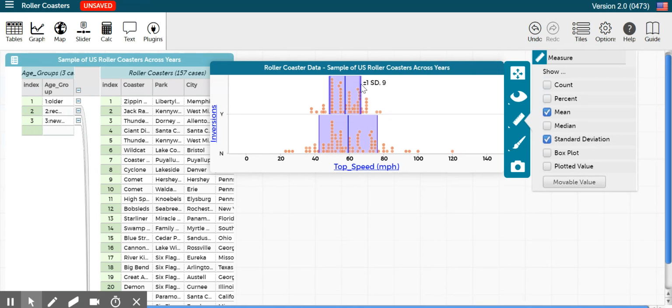Standard deviation for the roller coasters with an inversion is 9 miles per hour, and the standard deviation for those without an inversion is 17 miles per hour. So we got this 2 miles per hour or so difference in the means, but relative to how much variability we see within each distribution, that is not very much, right?